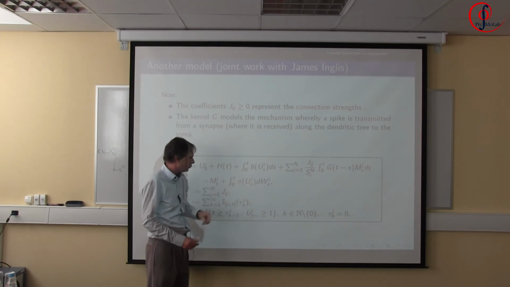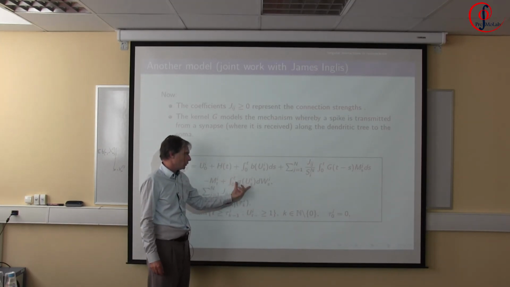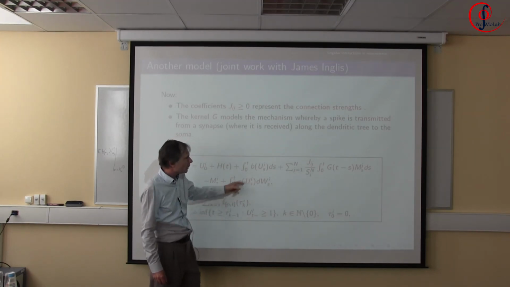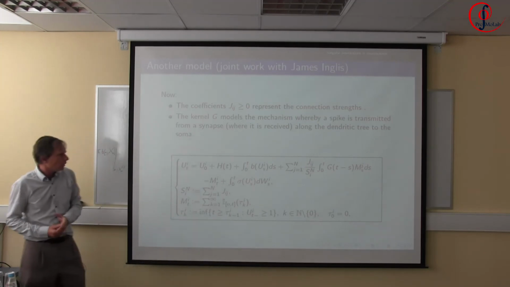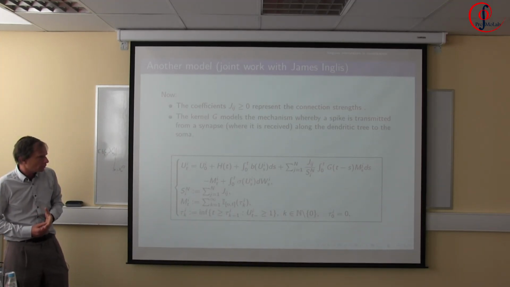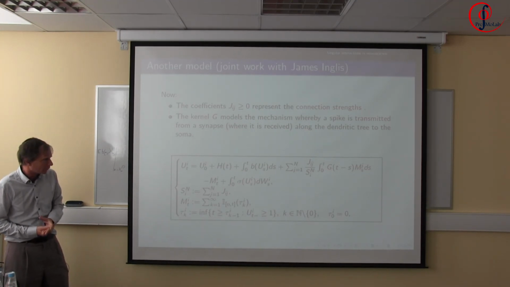So we have a diffusion coefficient sigma, which is no more equal to 1. And also we introduce non-symmetric interactions between the neurons. And again, it's a biological fact.